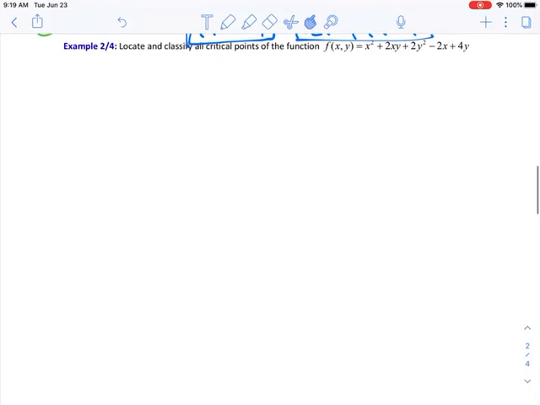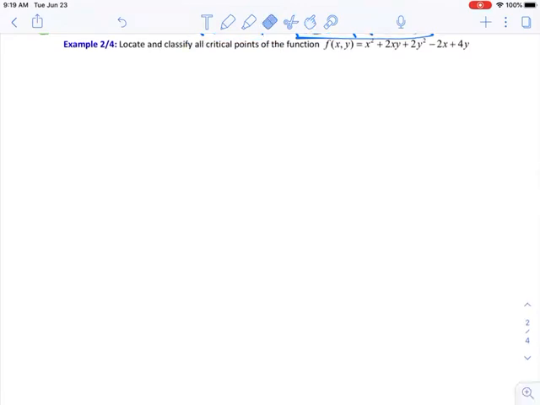So in this one, trying to get rid of some of this stuff. There we go. So we want to find the partial derivatives of that. So f of x is 2x.